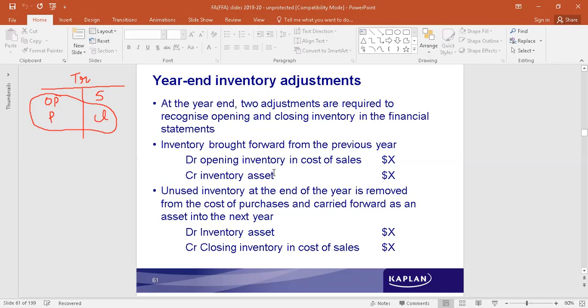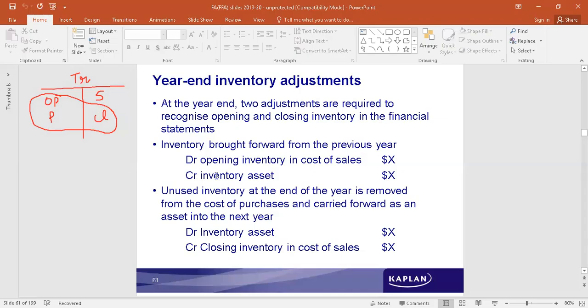Unsold inventory, the closing stock, that is unused inventory at the end of the year, is removed from the cost of purchases. This would be deducted from the total cost. This is the total cost of the inventory which is accounted for. Out of that, deduct the closing value of inventory so that the cost of the units that are sold can be accounted for.